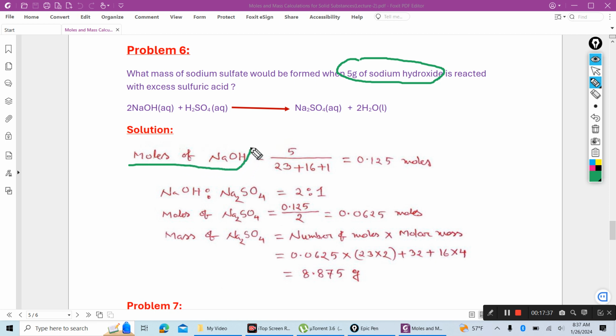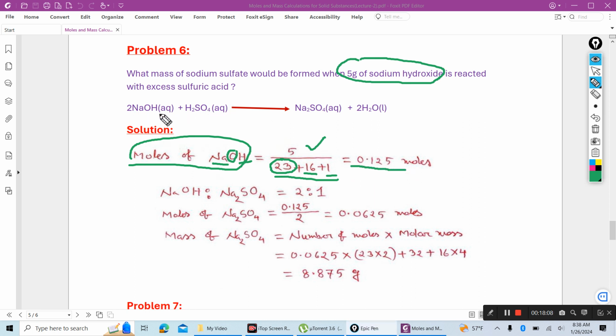So number of moles of sodium hydroxide, mass of sodium hydroxide divided by molecular mass of sodium hydroxide. Sodium 23, relative atomic mass, oxygen 16 and hydrogen 1, we get 0.125 moles.